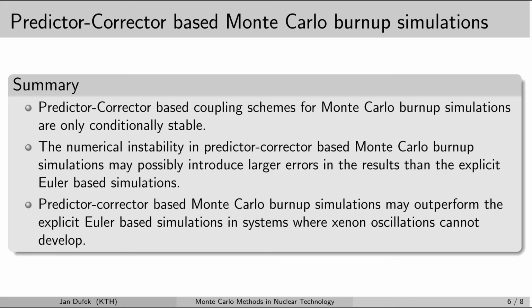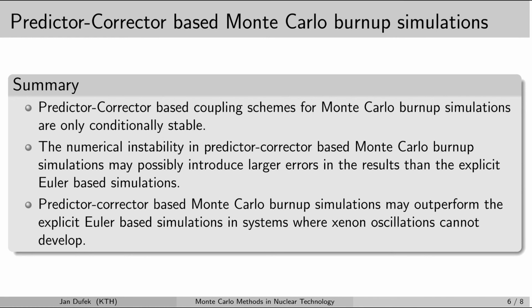Nevertheless, this conclusion may not be correct for systems in which the xenon oscillations cannot develop. So those are fast systems, or systems in which only one burnup material is introduced, or systems which represent a very small reactor with a small dominance ratio.